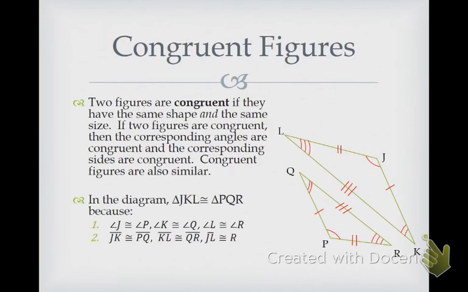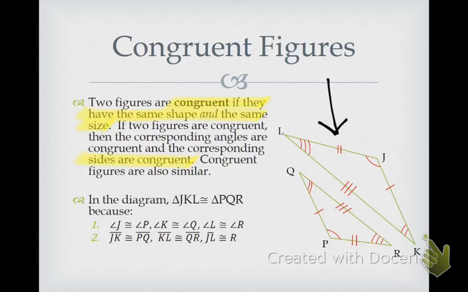Now example 4 is congruent figures. Congruent figures, you need to write this down, have the same shape and size and measurement. Congruent figures are also similar. Yes, that is true also. Look at all these red lines through these figures.